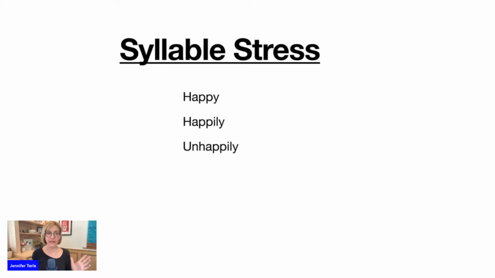This is a great example of how the sound or the beat in the word changes based on adding a prefix and a suffix. If our word is happy, hap is my stress syllable. Happy, happy. That's louder, longer, and higher in pitch. My E is shorter, softer, and lower in pitch.